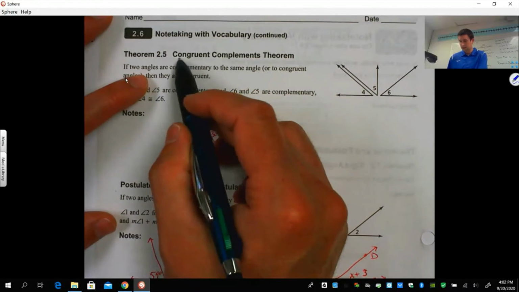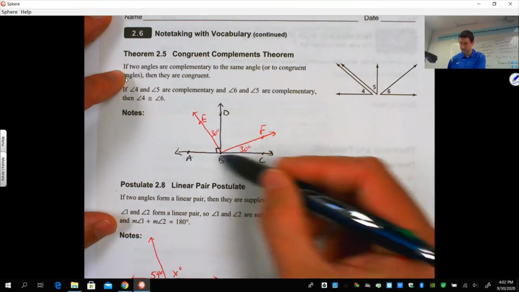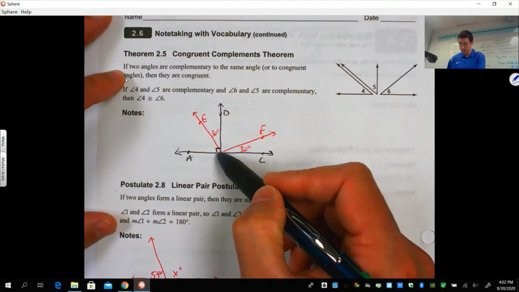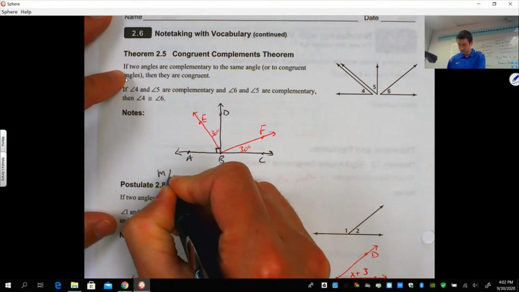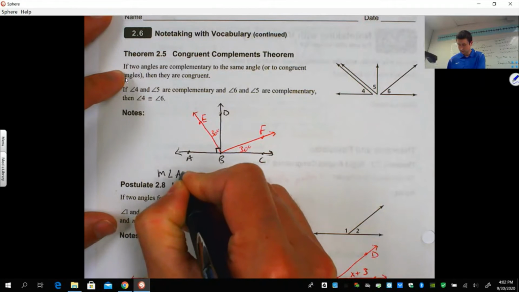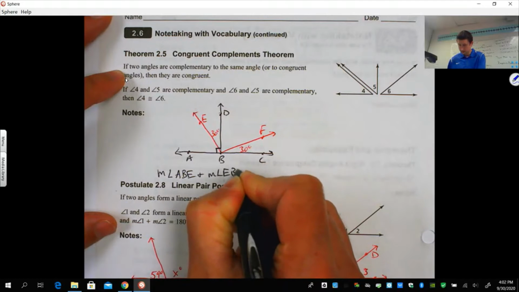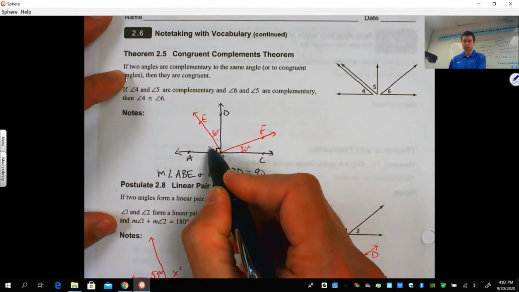So, in like ways, we have a congruent complements theorem. Okay? This is a diagram you'll have similar to this. They'll give you one measure that's 90 degrees. So that tells you measure angle ABE plus the measure of angle EBD, which is 30, has to equal 90 degrees. That tells you those two are complementary.